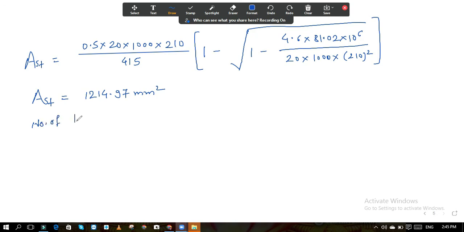Number of bars. We have assumed 10 mm bar diameter. So number of bars is equal to 1214.97 divided by 5 by 4 into 10 square.